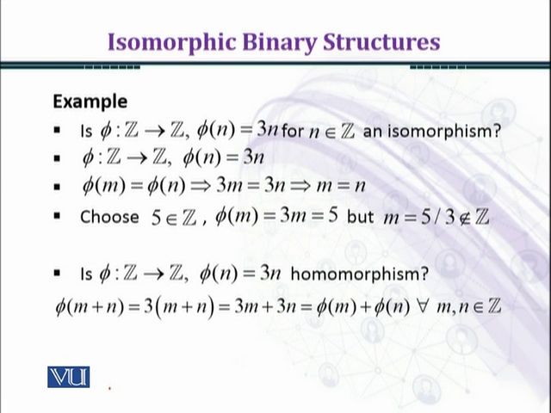Is phi from Z to Z defined by phi n equal to 3n a homomorphism?